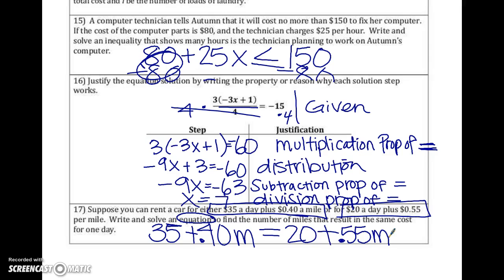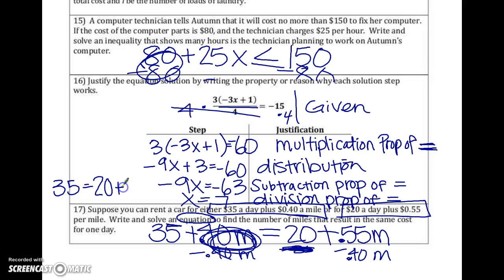So we're going to solve this. Subtract. All right, let's get our variables on the same side of the street. Subtract 0.40m from both sides. Get them together so everybody's not freaking out. So we got 35 equals 20 plus 0.55 minus 0.40 is 0.15m, right?